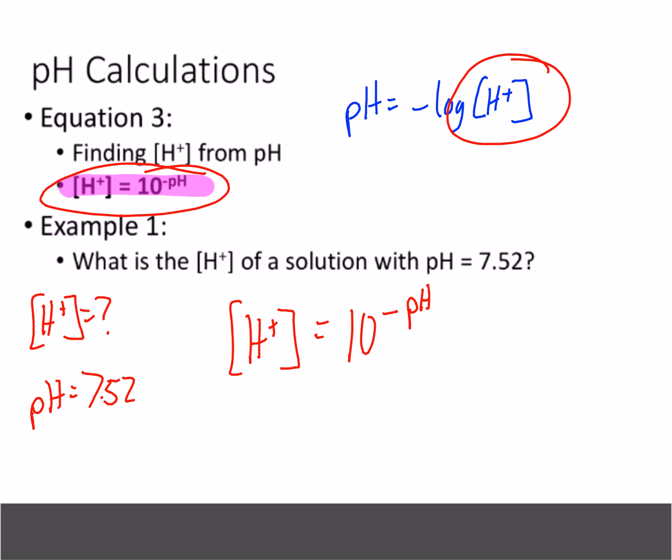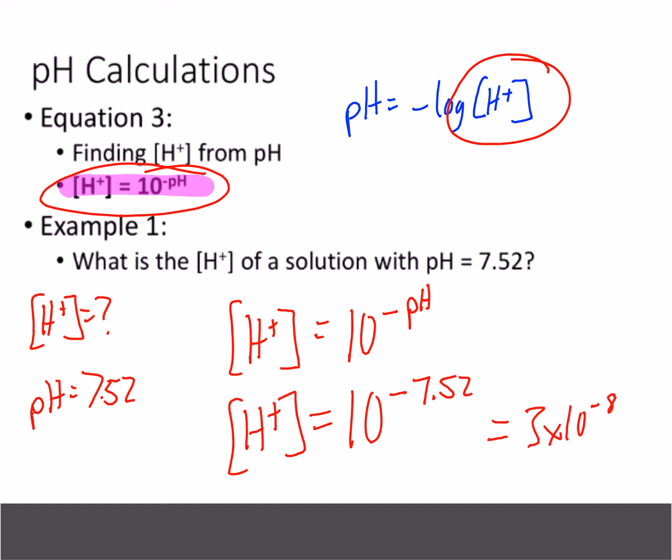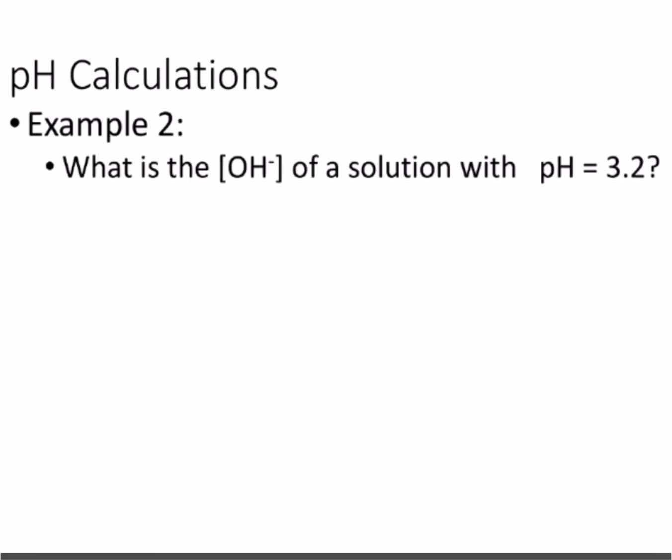Here, we're going to type in 10 caret key negative whatever the pH is. So our H plus concentration here is going to equal 10 raised to the negative 7.52. All right? 3 times 10 to the minus 8. So we're doing the opposite of what we were doing before, guys, with this problem. Go ahead and solve this.